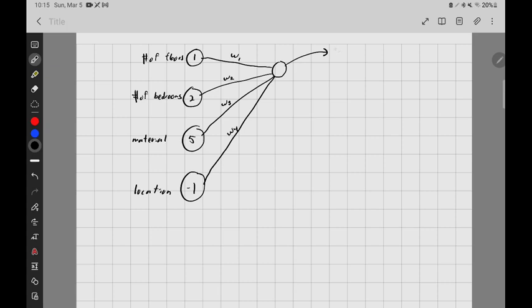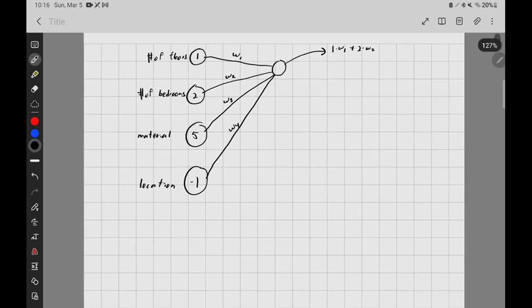It'll be 1 times w1 plus 2 times w2, so you follow the lines, and those are the weights that you multiply by, plus 5 times w3, and then minus 1 times w4. Whatever these weights are, this will be one number.